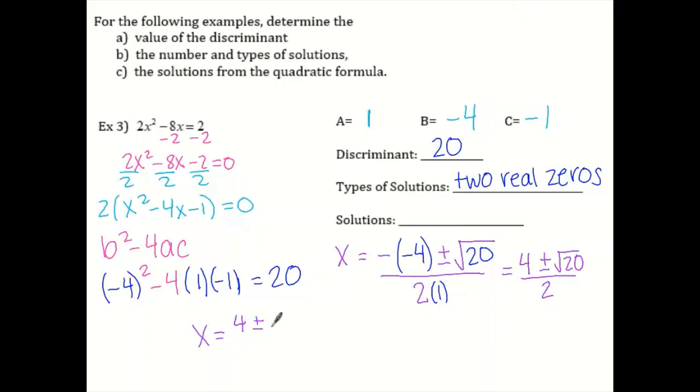So we've got the square root of 4 times 5 all over 2, which is equal to 4 plus or minus the square root of 4, which is just 2. This is what we simplified last class, all over 2. And lastly, if you can simplify that, you do.